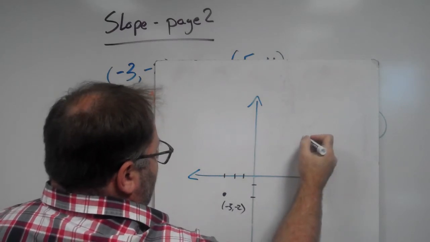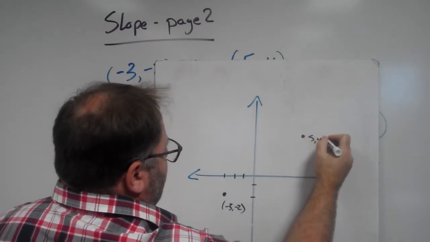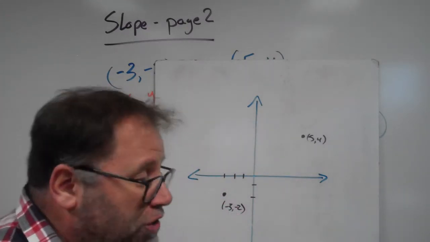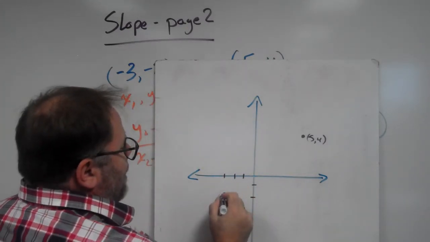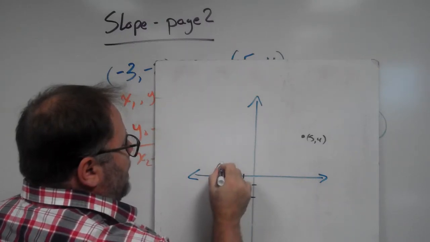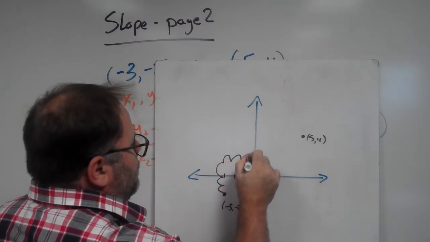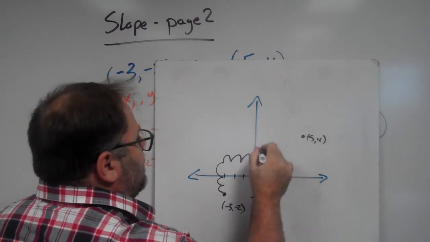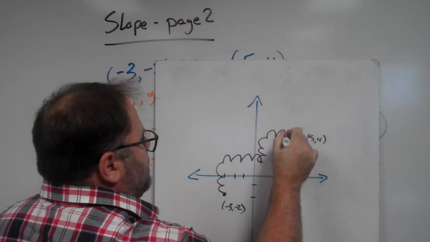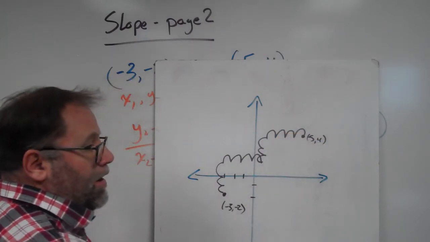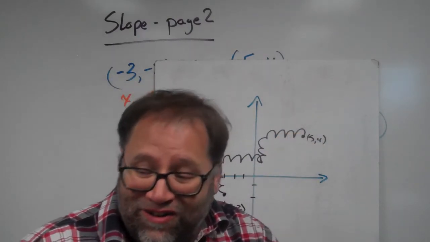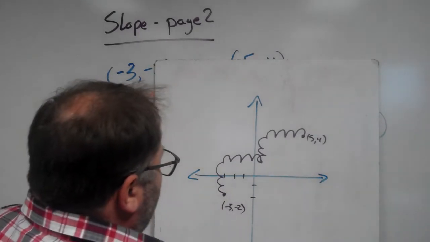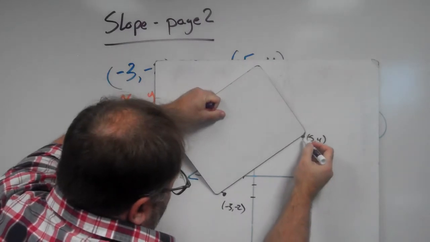I'm just going to say 5, 4 is like up here. When you connect that line, what you should be able to do is count 1, 2, 3, and 1, 2, 3, 4. And that's where it is, right? Mathematically, you've proved it.